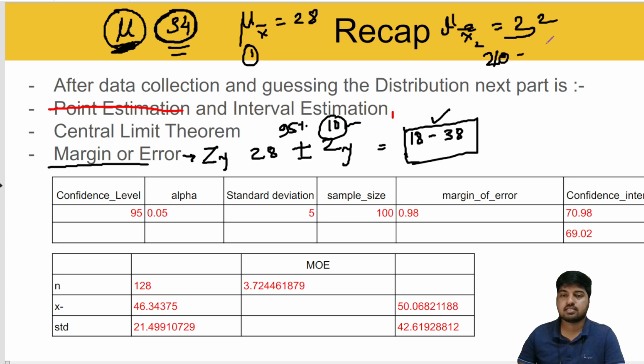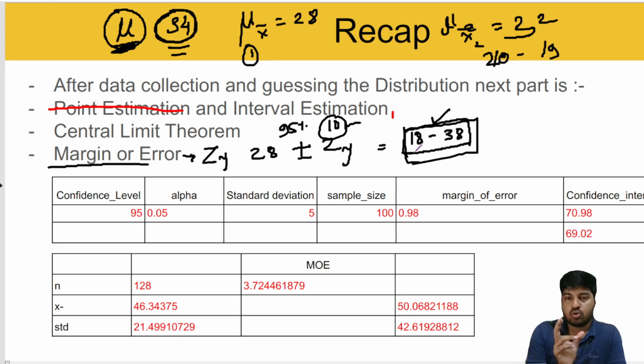If you repeat this sampling process 20 times and calculate the intervals, 19 times your population mean gets captured in this interval. Got my point?